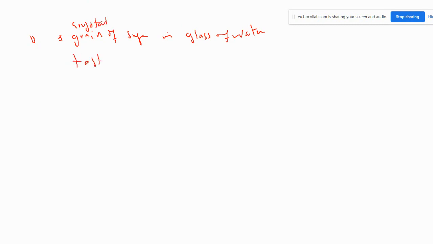What will be the taste? The taste will not be changed. Why? Because sugar is soluble, and you have one crystal. Sugar is usually in powder form and crystal form, like salt.